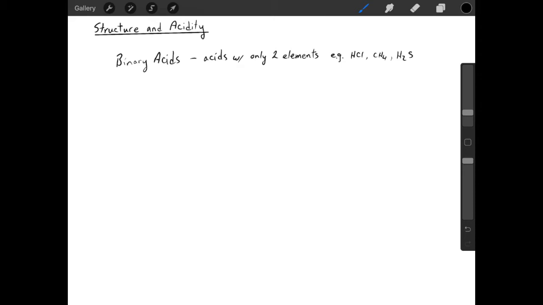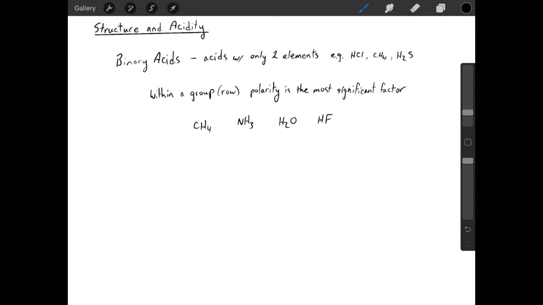And we can talk about acid strength in terms of periodic trends. So within a group, bond polarity is the most significant factor. So if we look at the second row of binary acids, we have methane, ammonia, water, and HF. The CH bond in methane is effectively nonpolar.